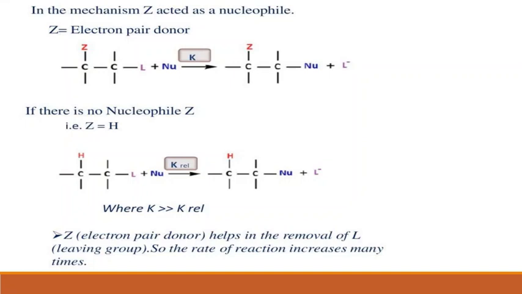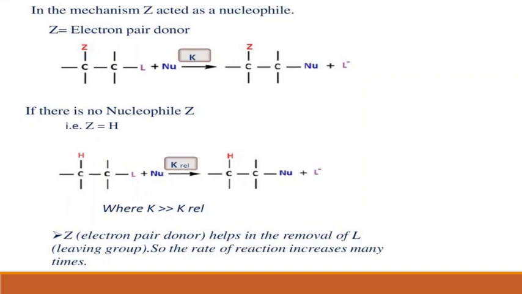If there is no nucleophile, that is Z is equal to hydrogen, for example, you consider Z as hydrogen. Then what will happen? Then hydrogen has no lone pair of electrons. It has no capability to donate electrons, and thus it cannot interfere with the reaction center in the substitution process of the C-Cl bond.